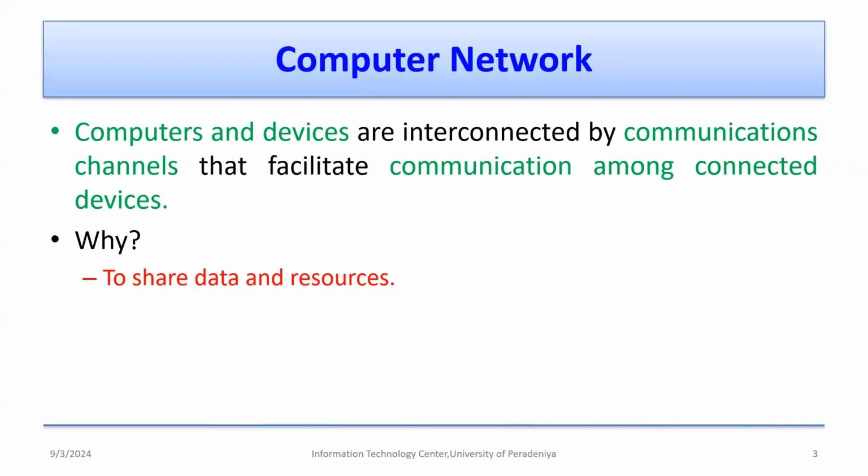Then the internet connection can be shared over the network, right? In that case, we share the resource. If you have a printer, we can share that printer among the 10 computers in the network, right? Similarly, we can share data through the computers which are connected to the network, right? So the main purpose of a computer network is sharing resources and data, right?